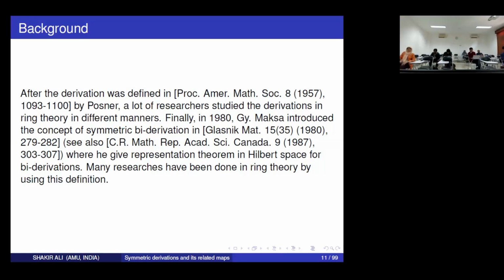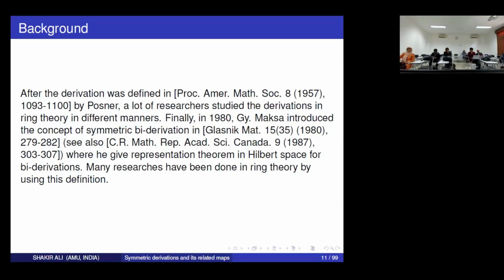Anyway, the idea of derivation in rings was given by Jacobson in his classical book. It's not new, but the work was generated by E.C. Posner in the year after 1956.